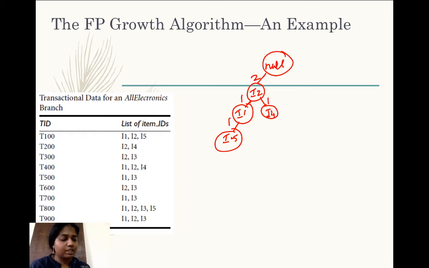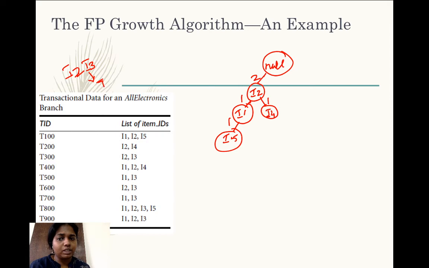Now what is my transaction? My transaction ID is 300 and I have the list of items I2 and I3.